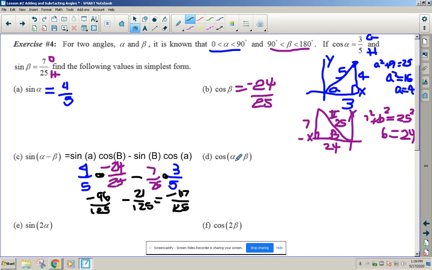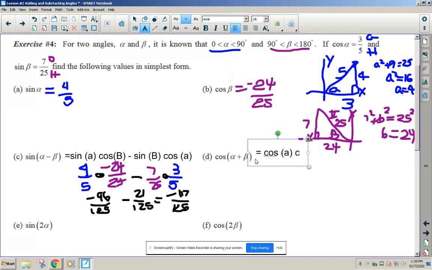So for the cosine of alpha plus beta, you look above to the top, this is going to come from cosine of alpha, cosine of beta. So cosine of alpha times the cosine of beta minus the sine of alpha sine of beta.